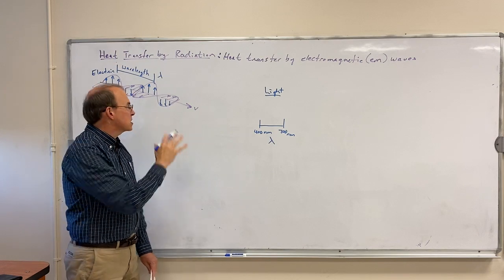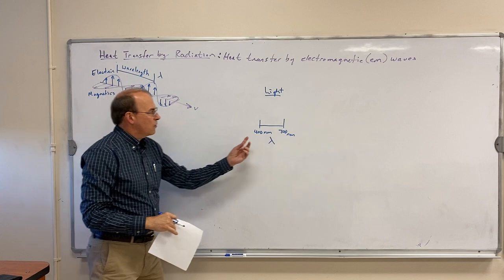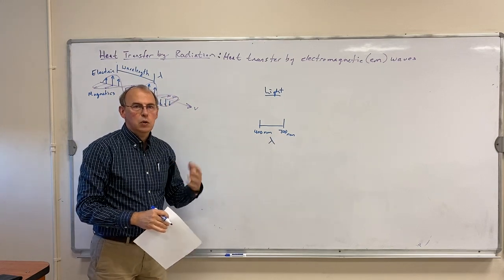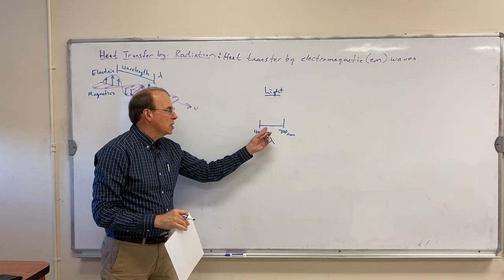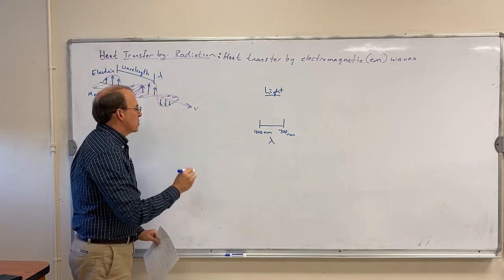Waves of electric and magnetic fields with wavelengths between 400 and 700 nanometers, we detect as humans as visible light, with 400 nm being the violet end up through 700 being the red end of the spectrum.